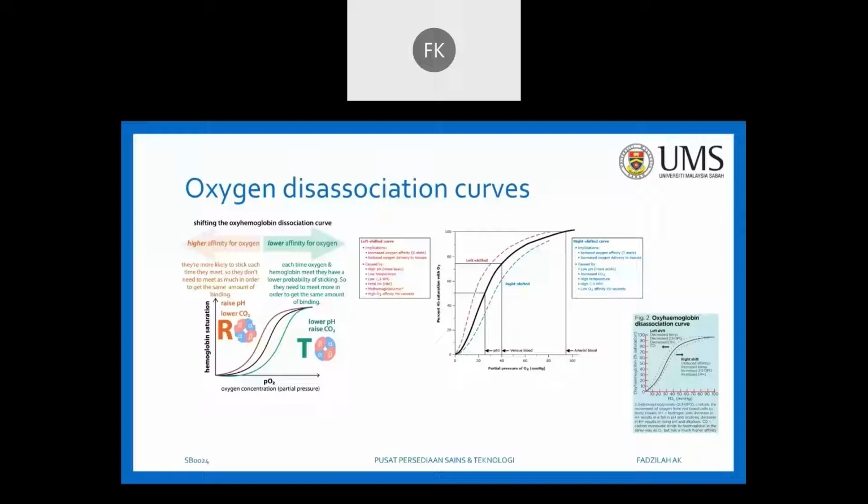And when the oxygen is released by the oxyhemoglobin, it will increase the oxygen delivered to the active tissue. Okay, this happens usually when you are exercising, when you are doing something active. You will learn more about this in homeostasis.